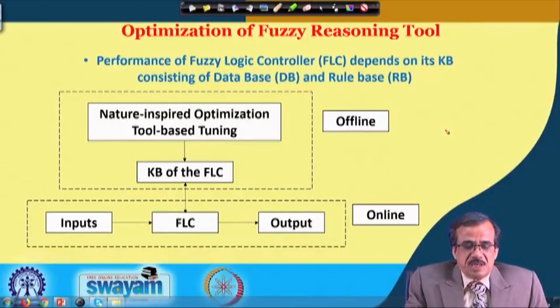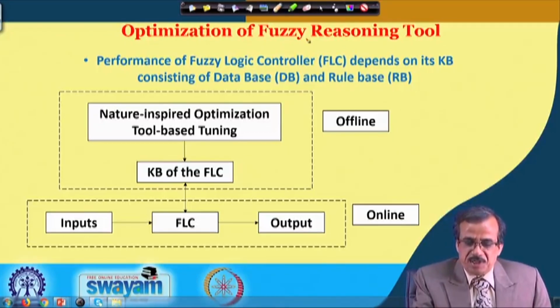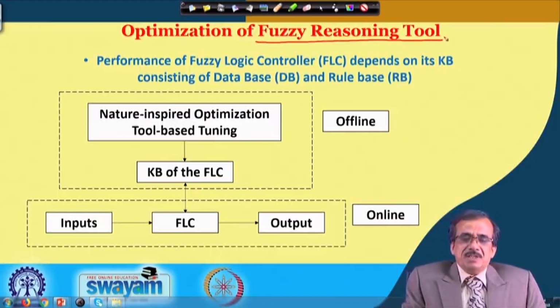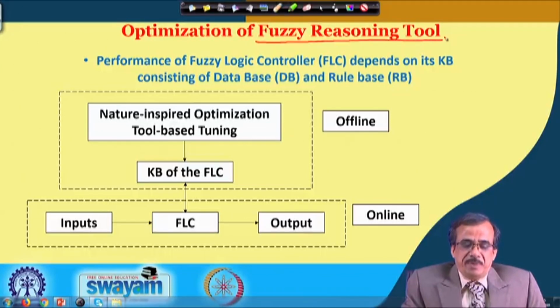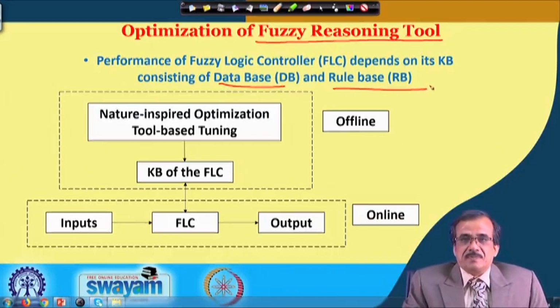Now we are going to discuss how to carry out optimization to achieve an optimized fuzzy reasoning tool. We have seen that the performance of a fuzzy reasoning tool or a fuzzy logic controller depends on its knowledge base, which is nothing but a collection of its database and rule base.